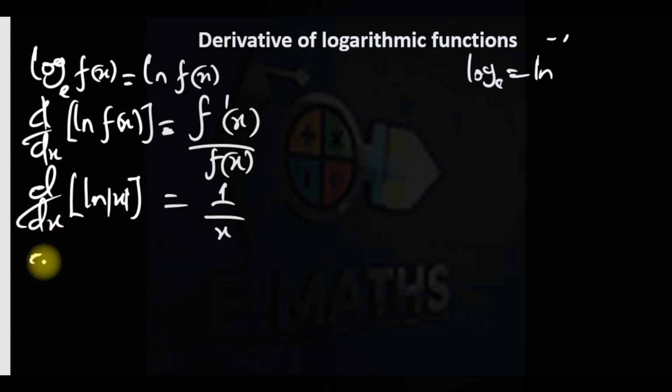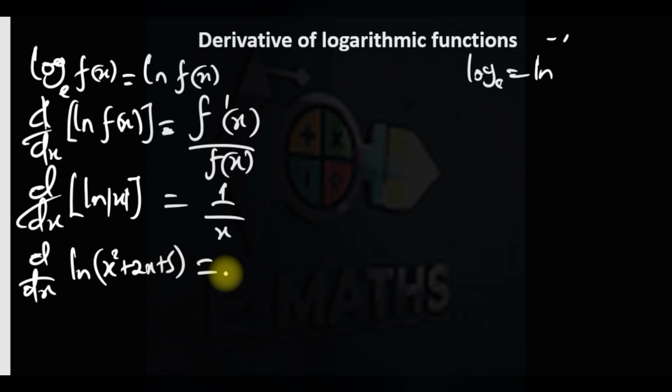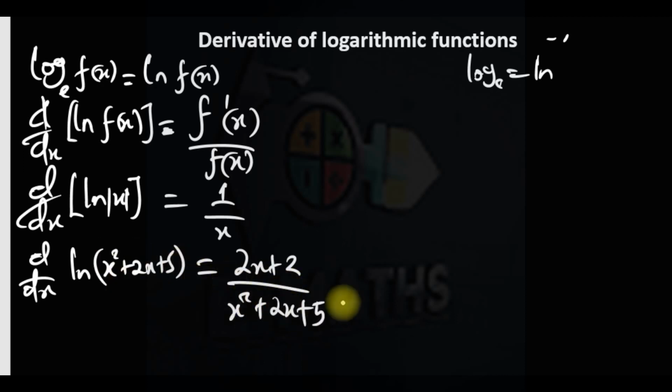Or if someone asks you to differentiate ln of x squared plus 2x plus 5, the answer is simple. We differentiate this, which is 2x plus 2, over the original function, which is x squared plus 2x plus 5. Do you see? It is very easy.